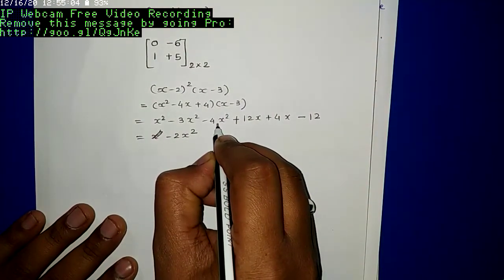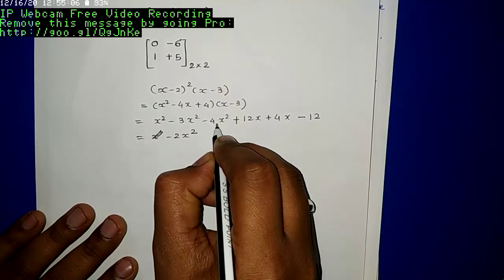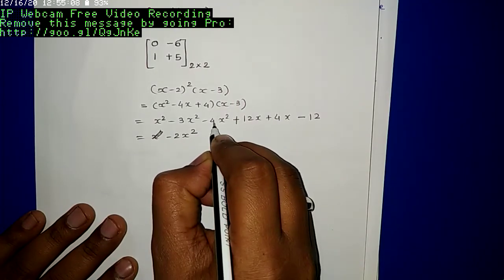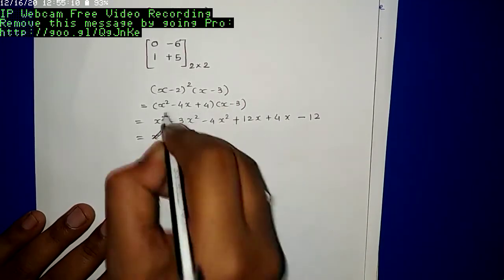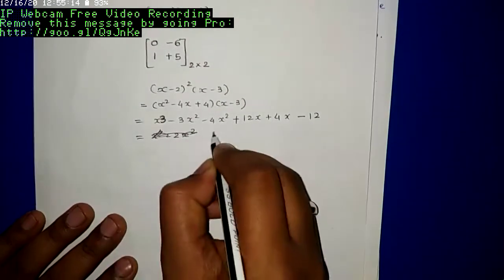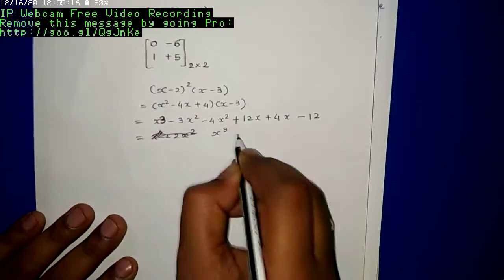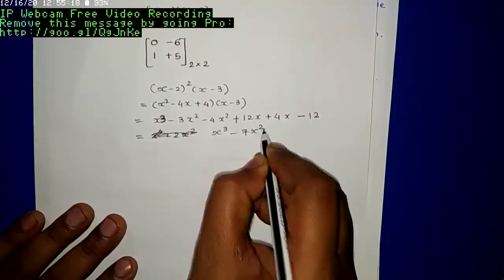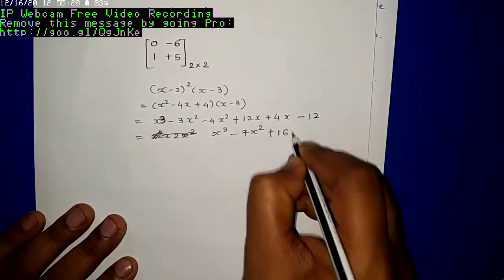Sorry, I made a mistake here. This is x cubed minus 7x squared plus 16x minus 12.